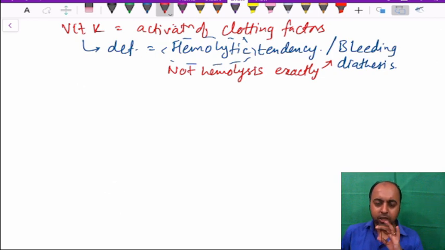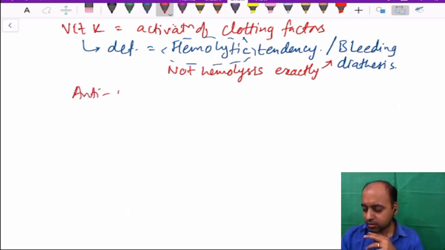So vitamin E is not associated with any specific well-defined functions except for the antioxidant activity, and therefore not associated with the disorders. Only thing we can think about is the antioxidant function.